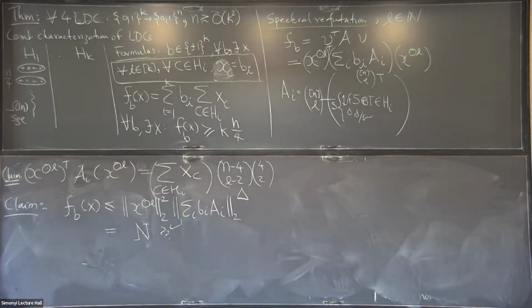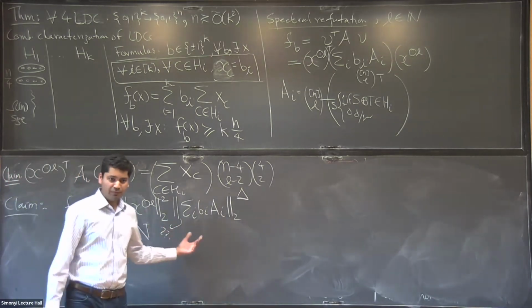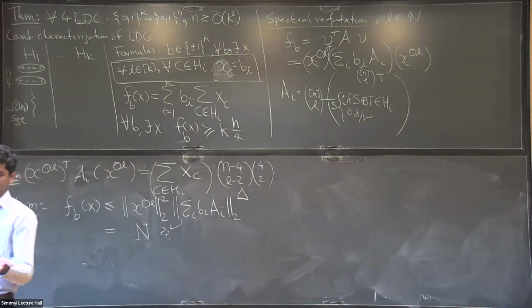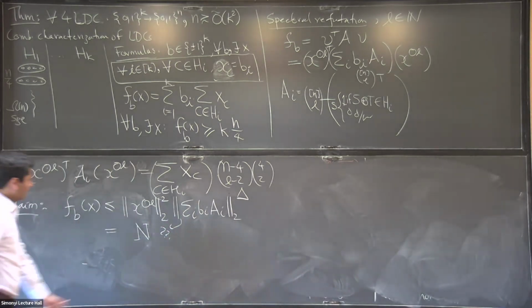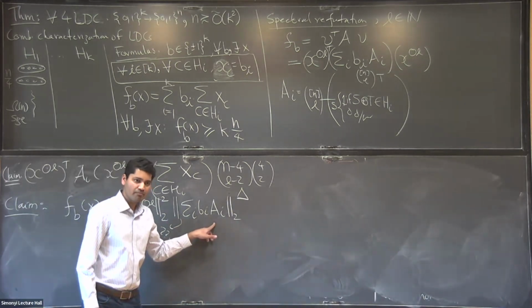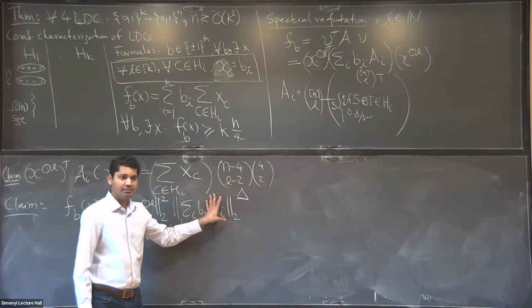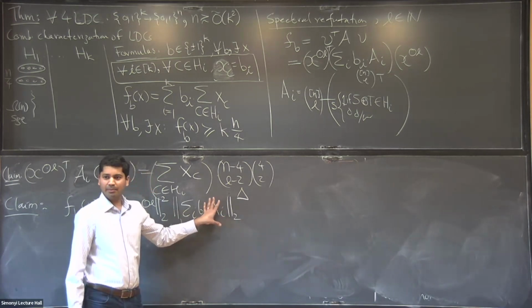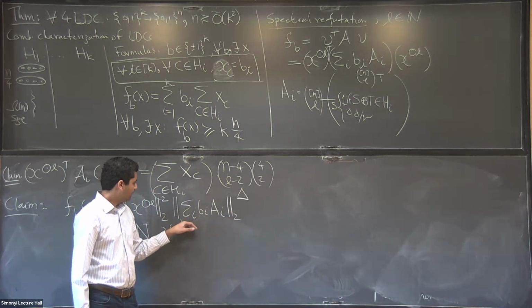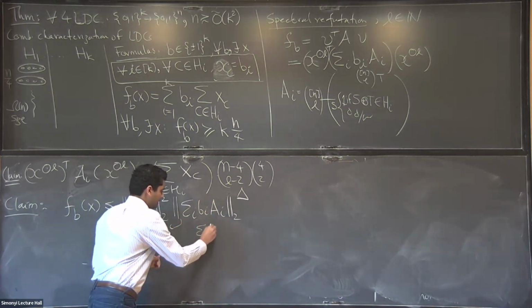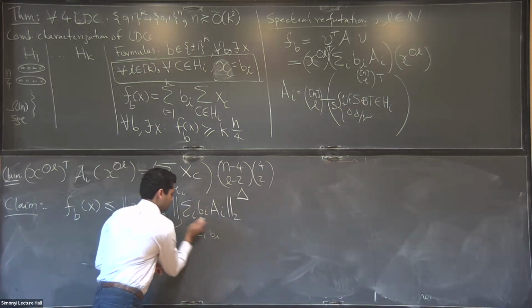Good. So now, let me tell you about an inequality that is super simple and it completes the proof, but I want to tell you in 2 minutes what this inequality is. So instead of matrices, if you just had scalars here, do you know how to upper bound this?